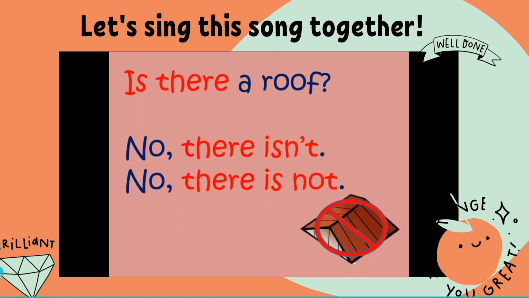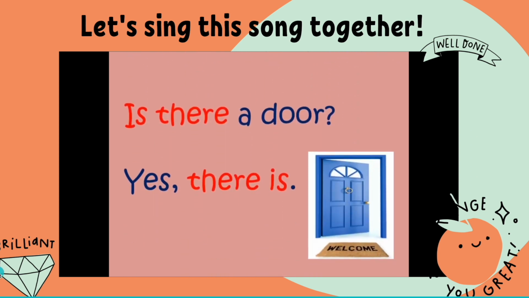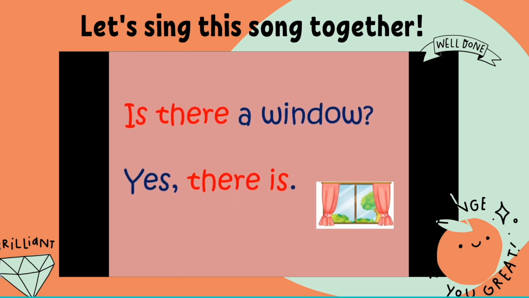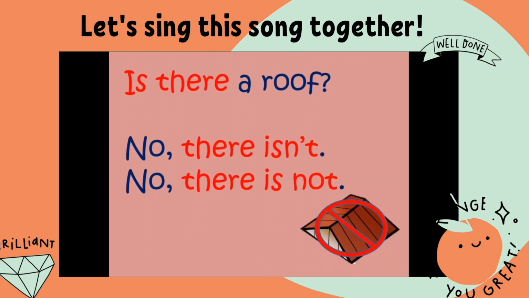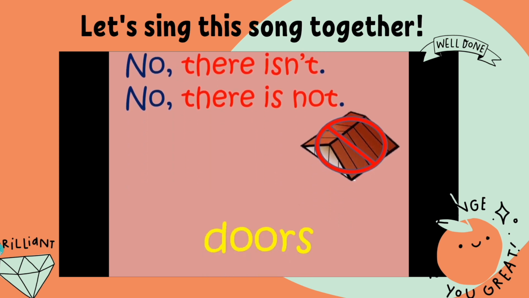Is there a roof? No, there isn't. No, there is not. Again. Is there a door? Yes, there is. Is there a window? Yes, there is. Is there a roof? No, there isn't. No, there is not. Now, repeat after me.